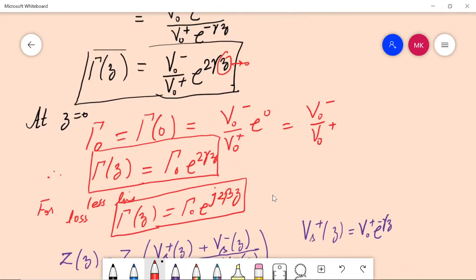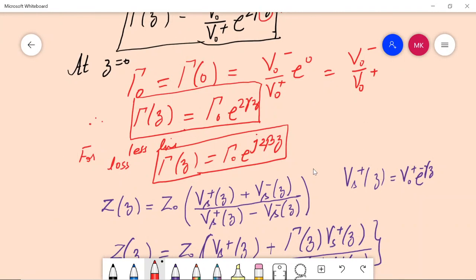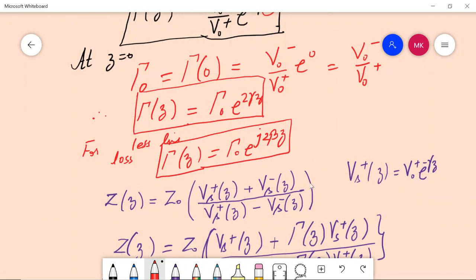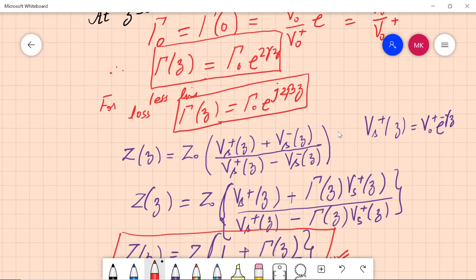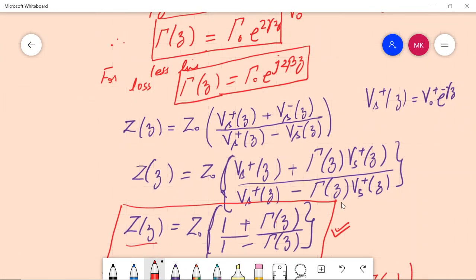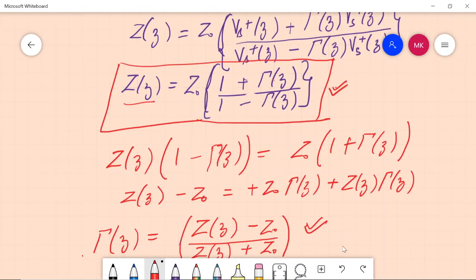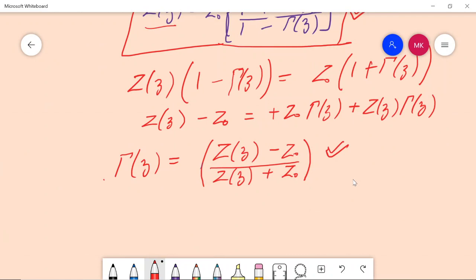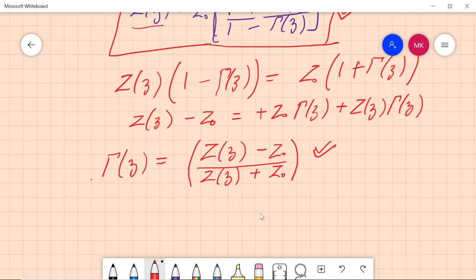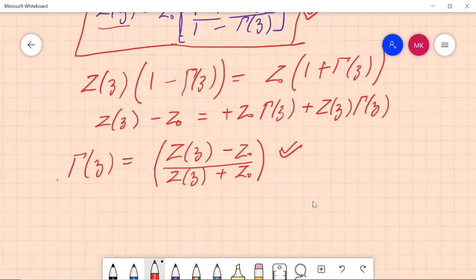What do you see from here, the gamma is lying from 0 to 1. Okay, let's wait, I will talk about it later. Let's proceed further, then I will talk about this one later.